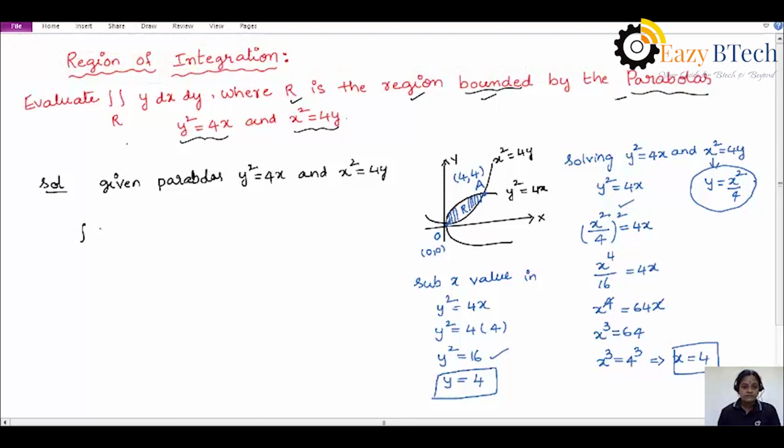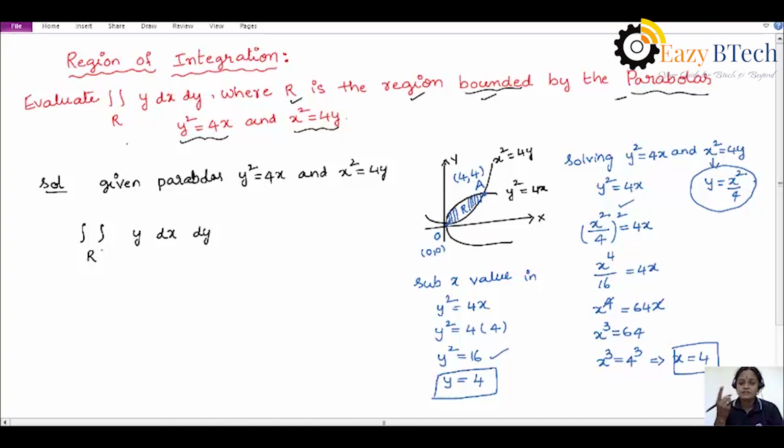So we evaluate the integral of y dx dy. To evaluate this, we need the limits. According to the procedure of double integration, one limit is in terms of variables and another limit is in terms of constants only.